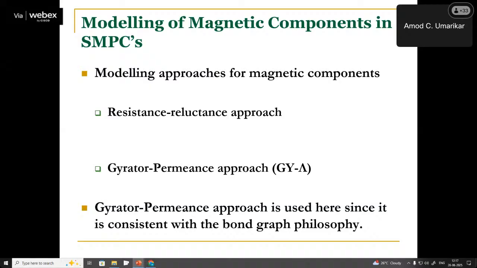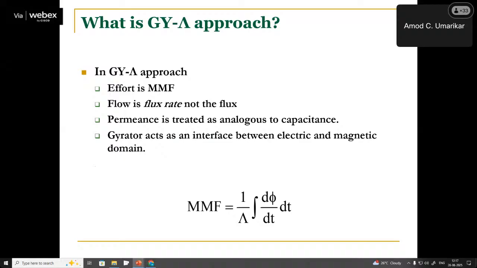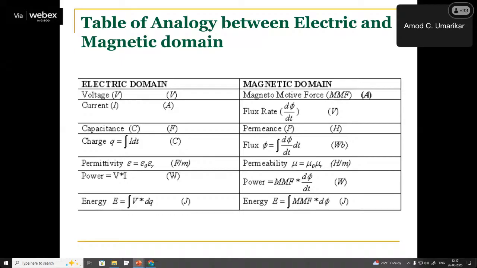The gyrator permeance approach is used since it is consistent with the bond graph philosophy, which is that effort into flow must be power. In the gyrator, the effort is MMF, and the flow is flux rate, not the flux. Permeance is treated as analogous to capacitance, and the gyrator acts as an interface between the electric and magnetic domains.